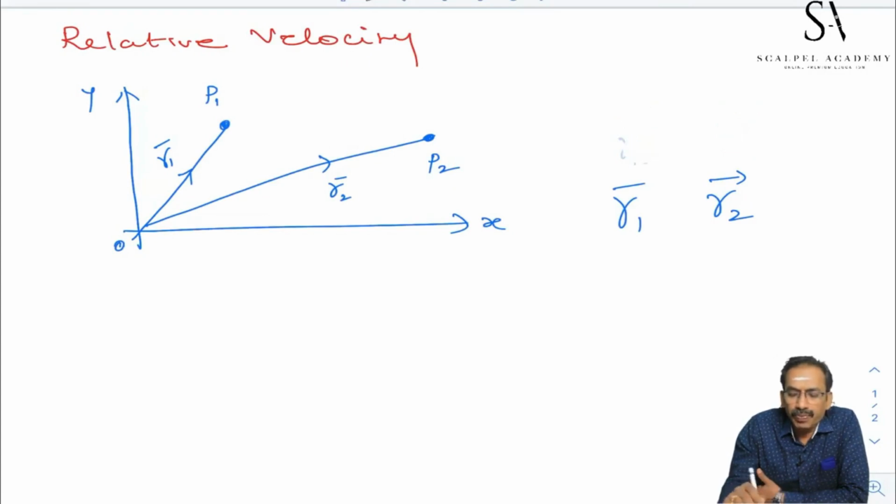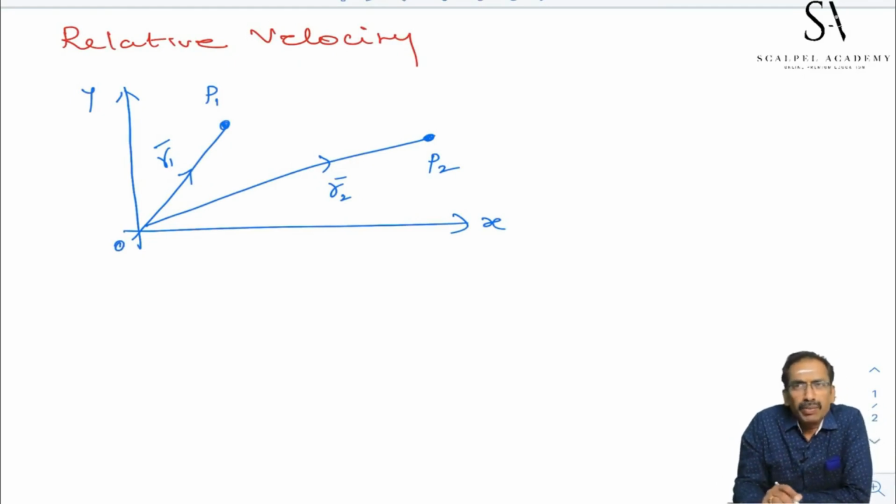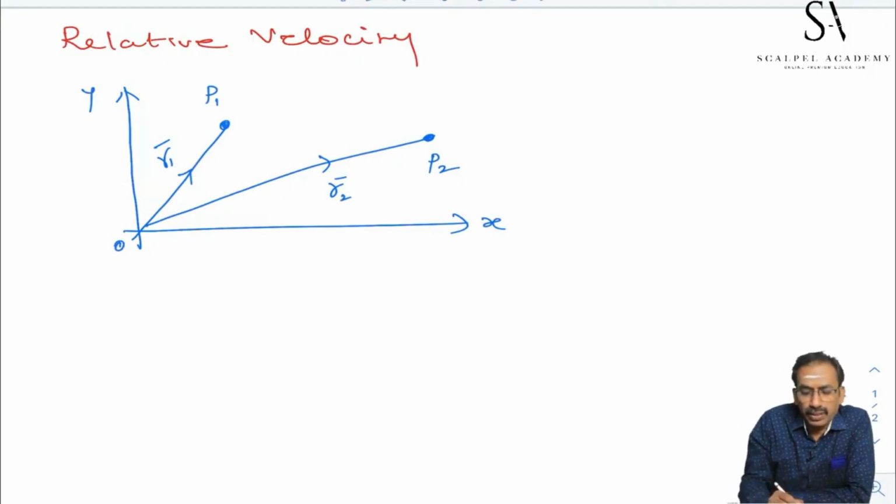So student, now I am going to locate P2 with respect to P1. Not with respect to the origin, that is already done, that is R2. Position of P2 with respect to P1: you have to draw from the reference point. Now P1 is the reference point.